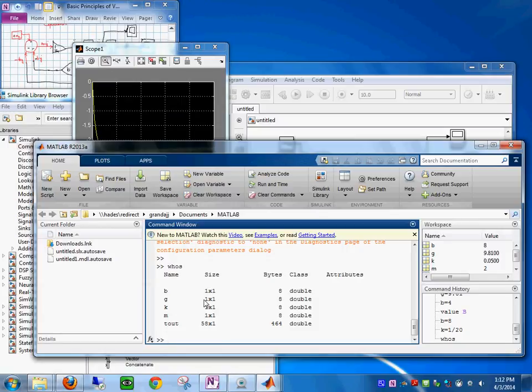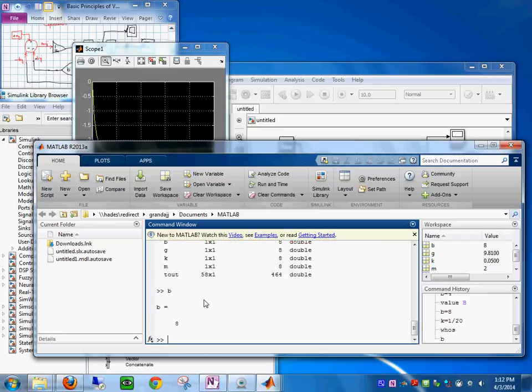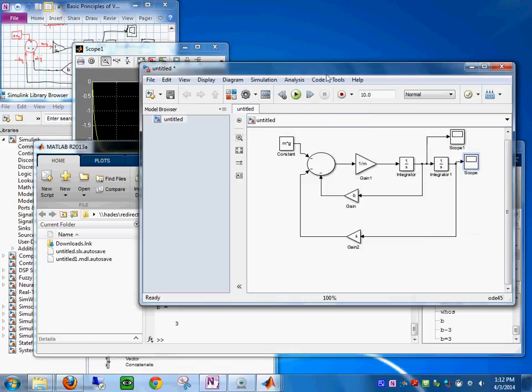You need to check B, K, and M. Do we have the value of B? No, that's what we do not have, the value of B. B is equal to 3. And then let's run it again.